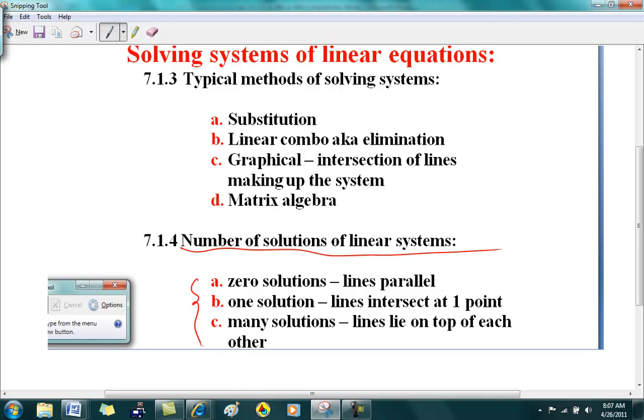Okay. So remember, linear systems are really systems where you can actually graph them and you get lines. So there are three situations that may happen. The first one is the lines may be parallel. And that would mean that there are zero solutions, because the lines are parallel.